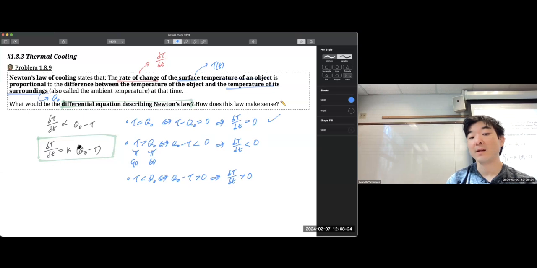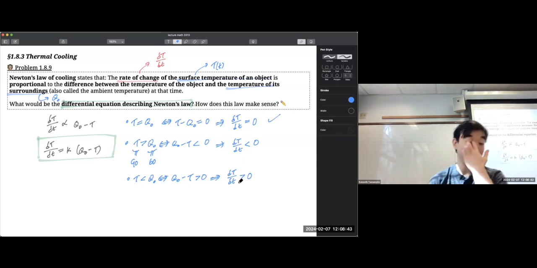So it's like saying this Q naught minus T is positive, K is positive, then dT over dt is positive. And this makes sense because if you have iced coffee, which means that the temperature of your object is less than your surrounding temperature, you would expect the temperature of your object to go up.